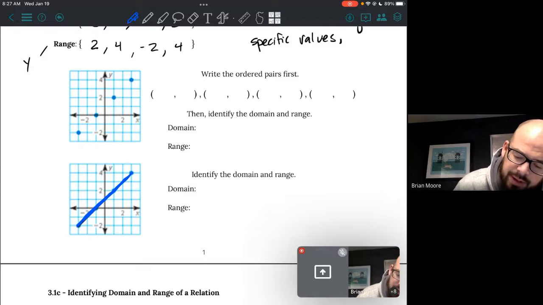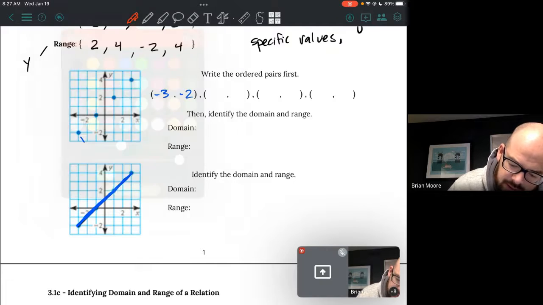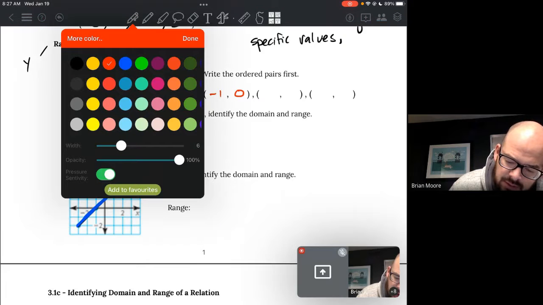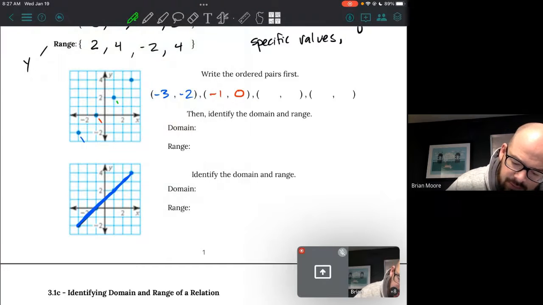So write the ordered pairs first to get the domain and the range. If I'm going to write this ordered pair, I go 1 to -3 on the x-axis, and then I go down to -2. This one is I just go over -1, and I don't go up or down anything, so it's 0. My first value is always going to be my x.